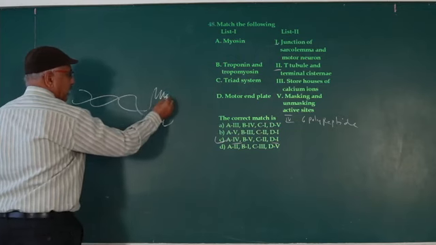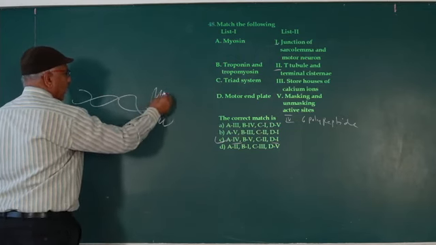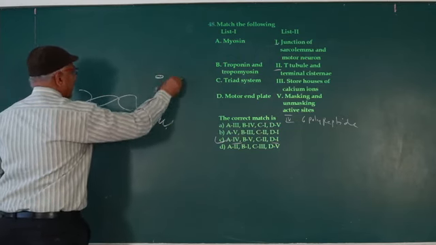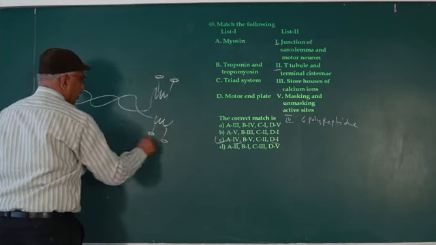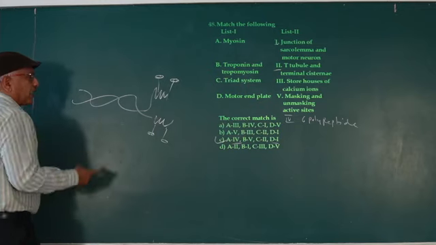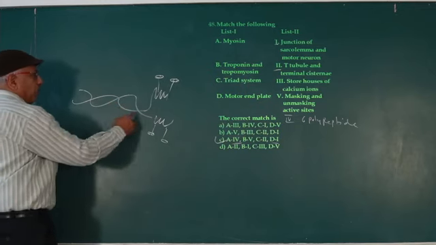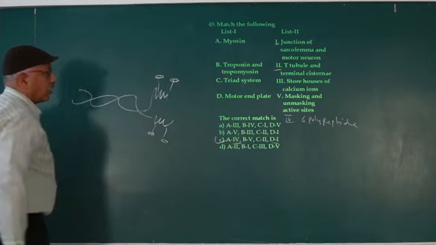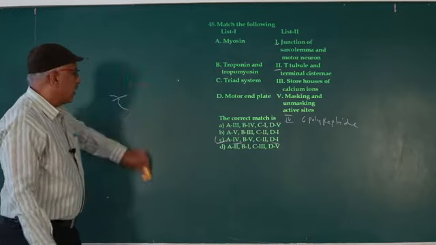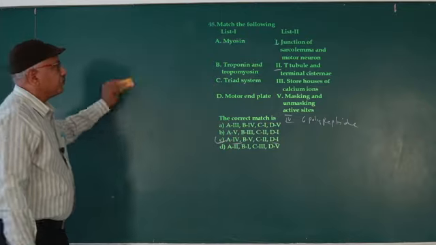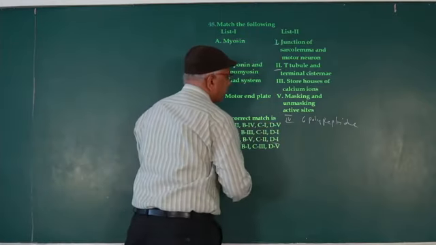The other end of the heavy polypeptide chains is folded to form the head. Each head is connected to 2 light polypeptide chains. So myosin protein contains 2 heavy polypeptide chains and 4 light polypeptide chains. In that case the option is the fourth. Here the fourth is missing.